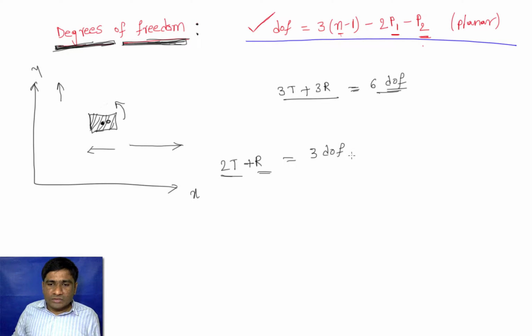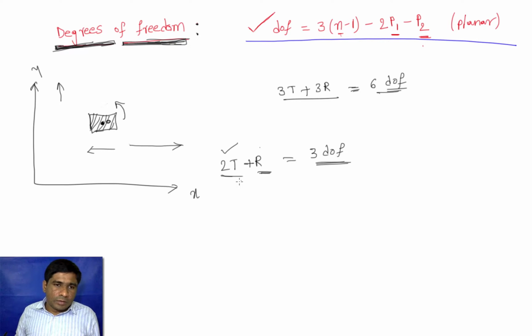And how many constraints have been imposed on this compared to the space? 3 constraints. One constraint in the translational motion and 2 constraints in the rotation. So there are 3 degrees of freedom lost when you shift your coordinate system from space to the plane.